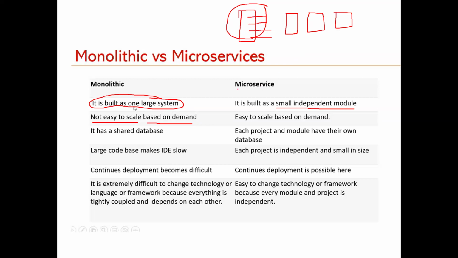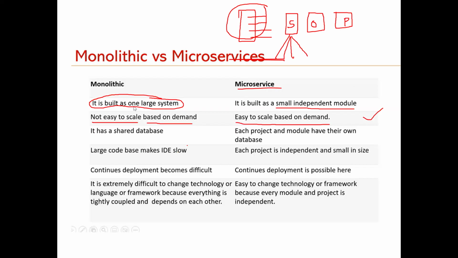But in microservice architecture, search functionality is available here, order functionality here, payment functionality here. Now search I can run on multiple instances, replica sets. More users means more servers I need to create to handle the traffic. That's why it is easy to scale: based on the traffic we can increase or decrease.